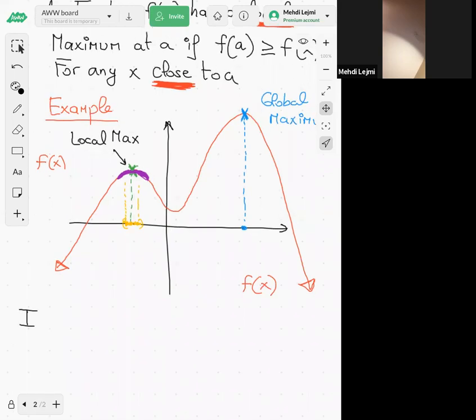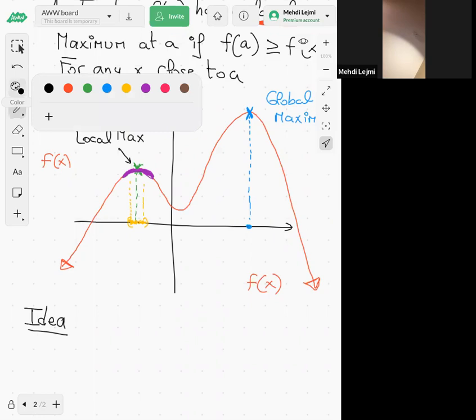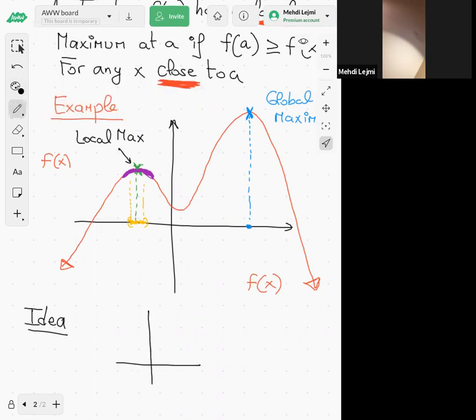So the idea, guys, here is that whenever you have a parabola which opens downward, like this one here, then this point here would be a local maximum.